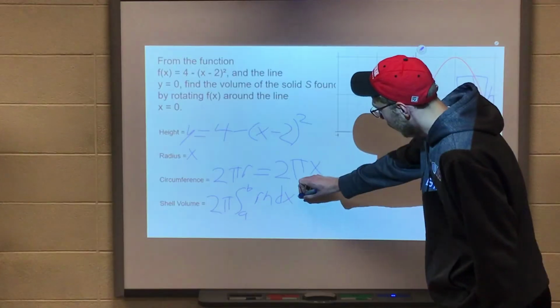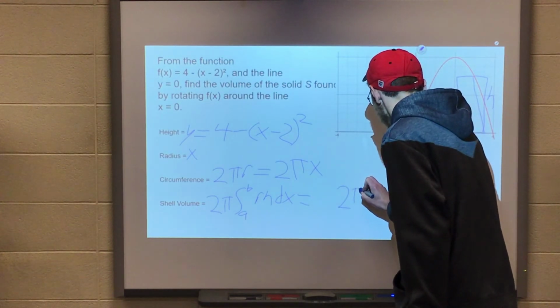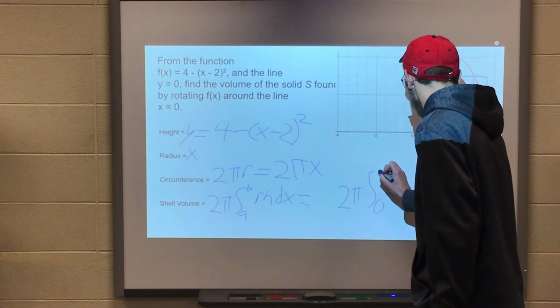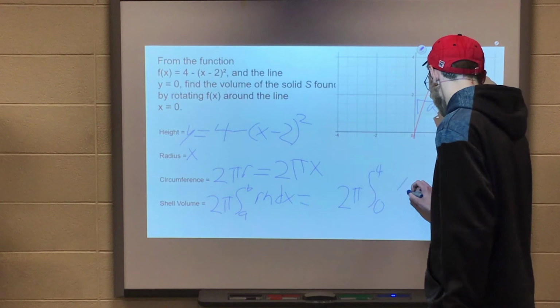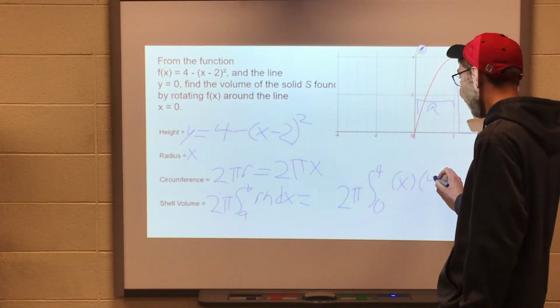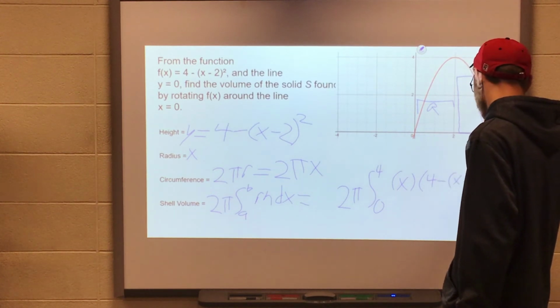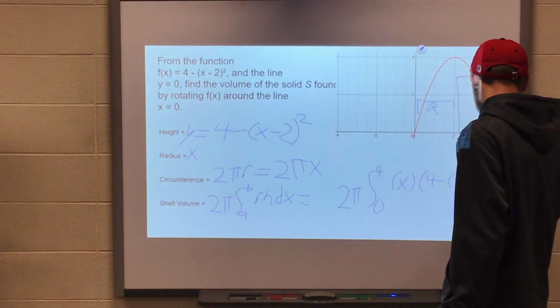That would then equal 2 pi, integral from 0 to 4, the radius of x times 4 minus the quantity x minus 2, squared, dx.